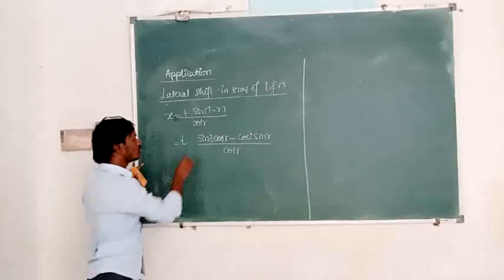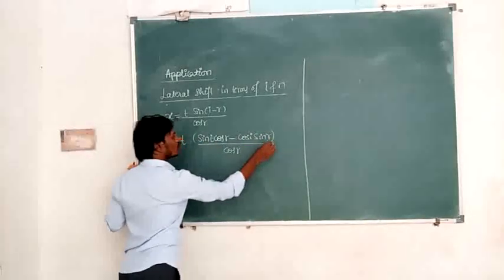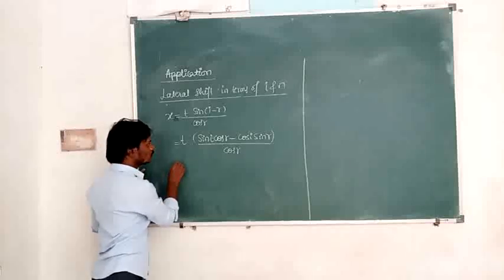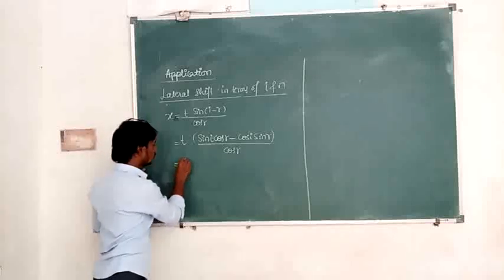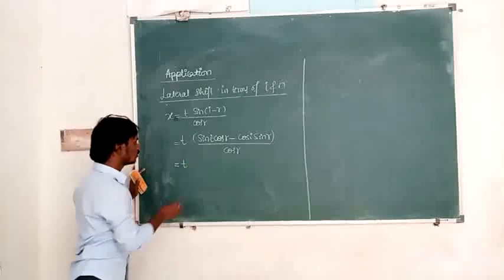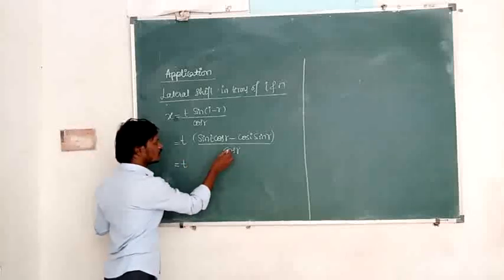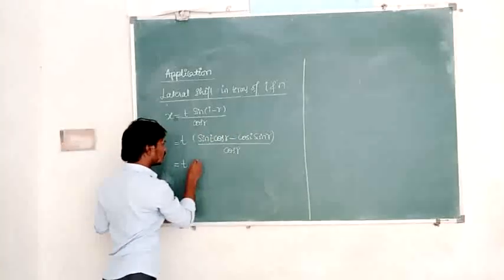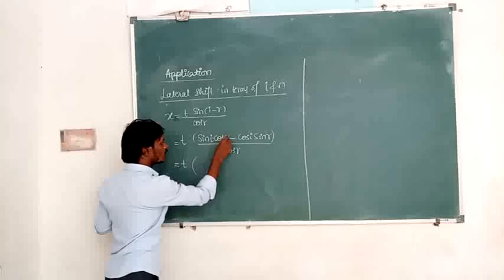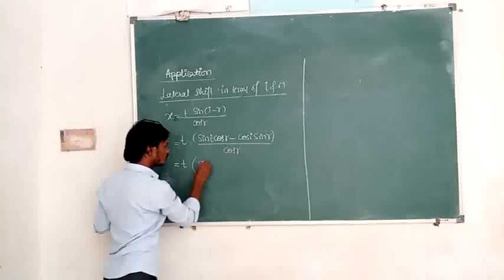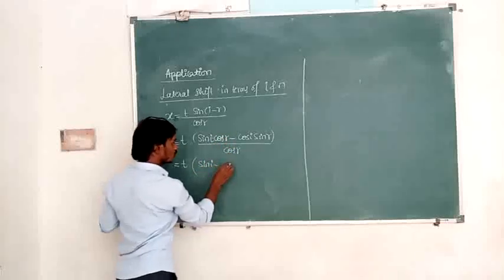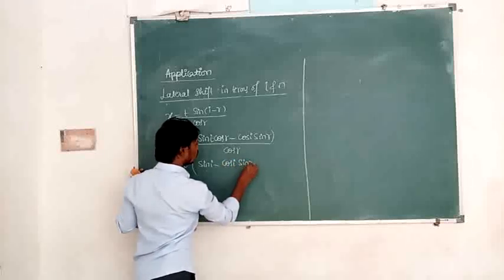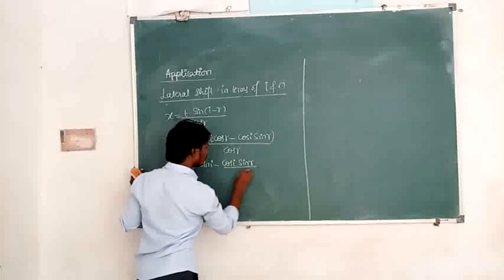Then how to derive the relation now? I will take t outside, and divide each term by cos r. That is sin i into cos r by cos r, which is sin i, minus cos i into sin r divided by cos r.